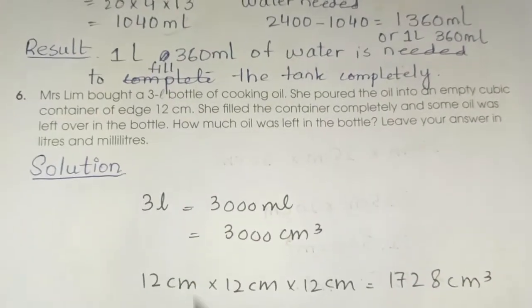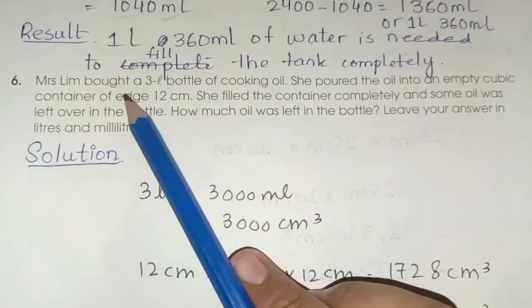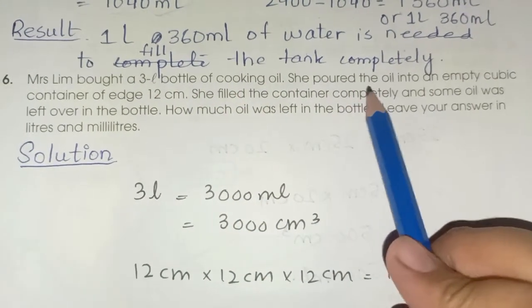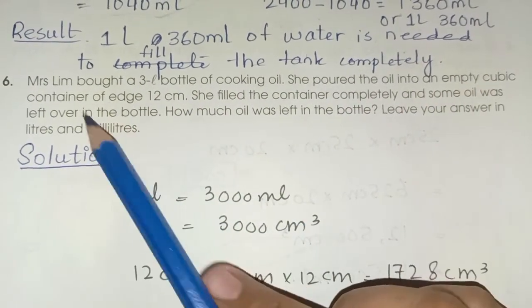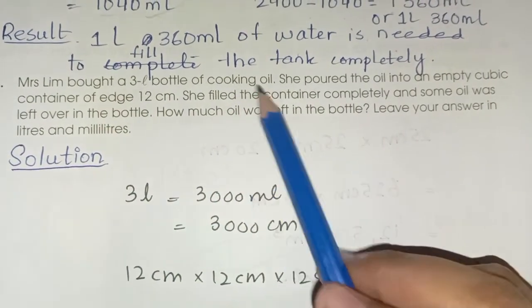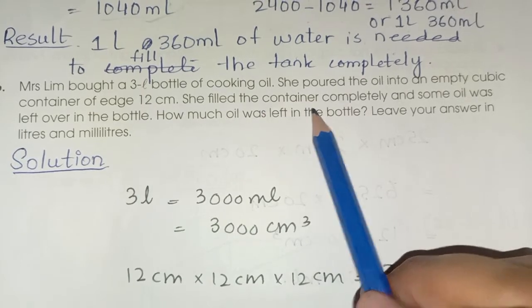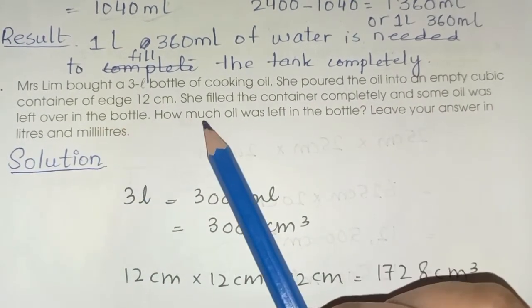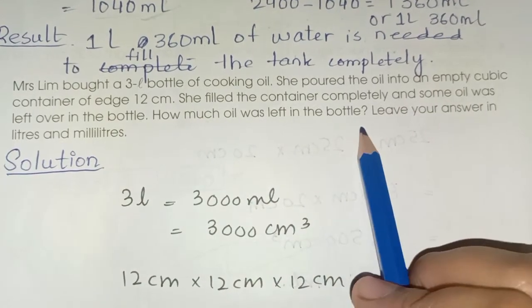Question number 6 is, Mrs. Lim bought a 3 liter bottle of cooking oil. She poured the oil into an empty cubic container of edge 12 centimeter. She filled the container completely and some oil was left over in the bottle. How much oil was left in the bottle?